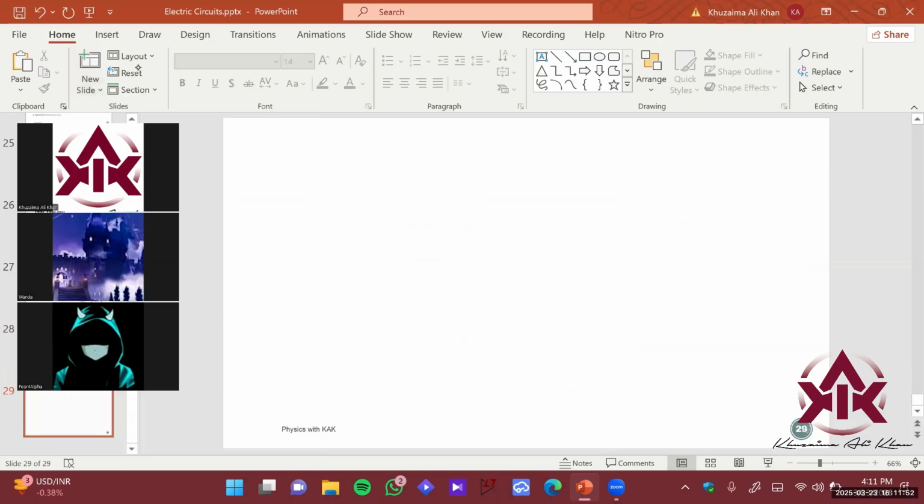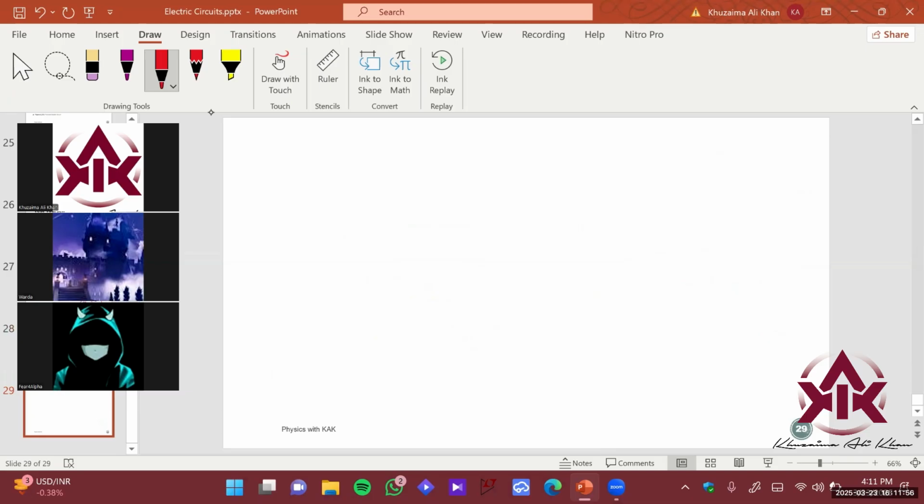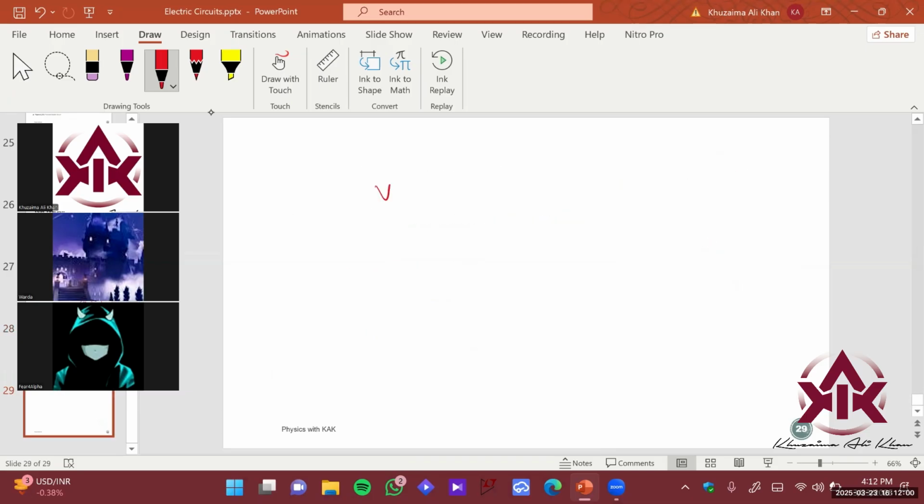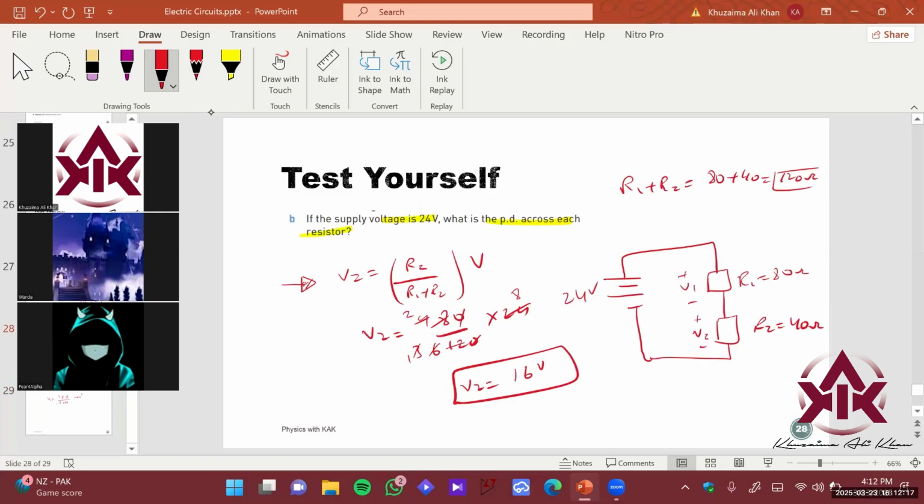Let's find V1 as well. So V1 is going to be 80 upon 120 times 24, right? So the 0 cancels out. 4 2s are 8, 4 3s are 12, 3 1s are 3, 3 8s are 24, and 8 2s are 16, right?